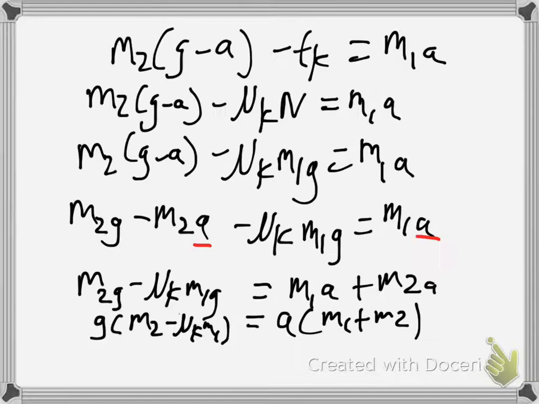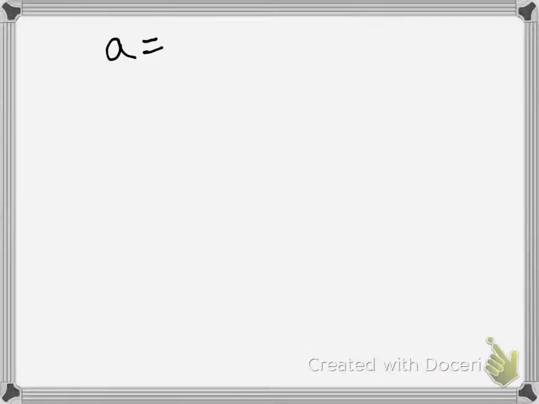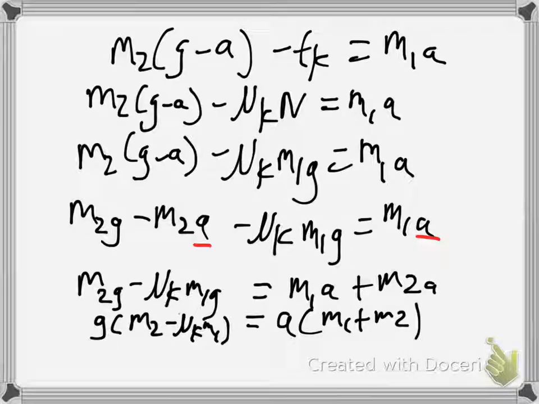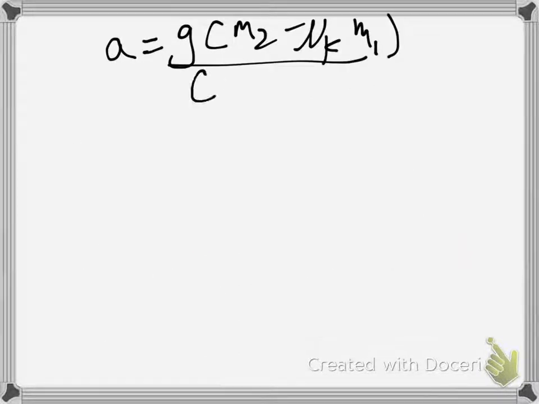So acceleration is equal to g times m2 minus mu k m1, and then I can divide by m1 plus m2. And voila, that is our answer for part C.